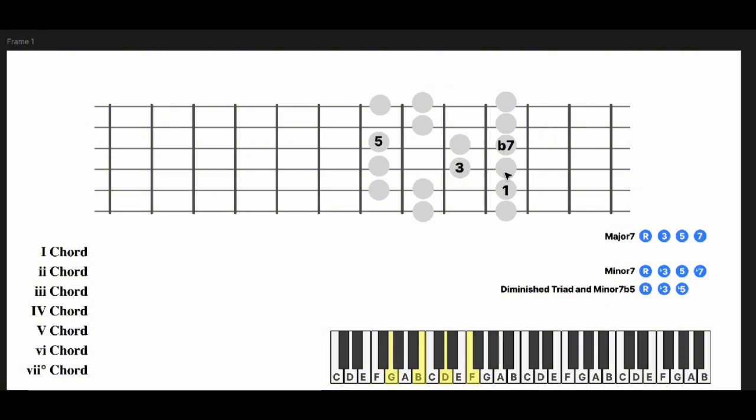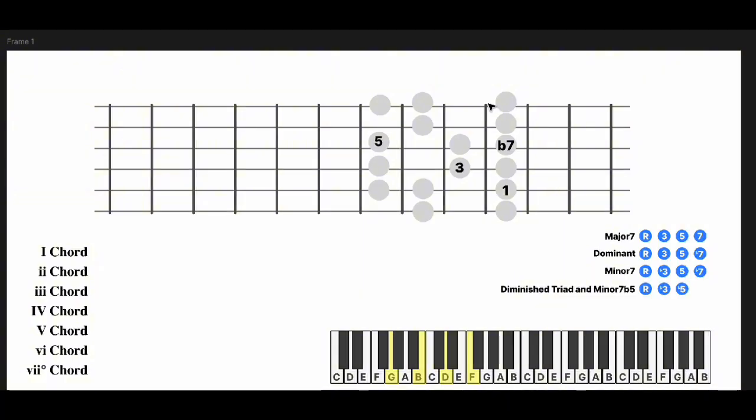This relationship between the 1 and this note makes it a minor 7th, a flat 7th. So what is it when we have a 1, major 3rd, and a flat 7? This is a very special chord called a dominant chord. It looks like a major 7, but the 7th is flat, a minor 7th interval.